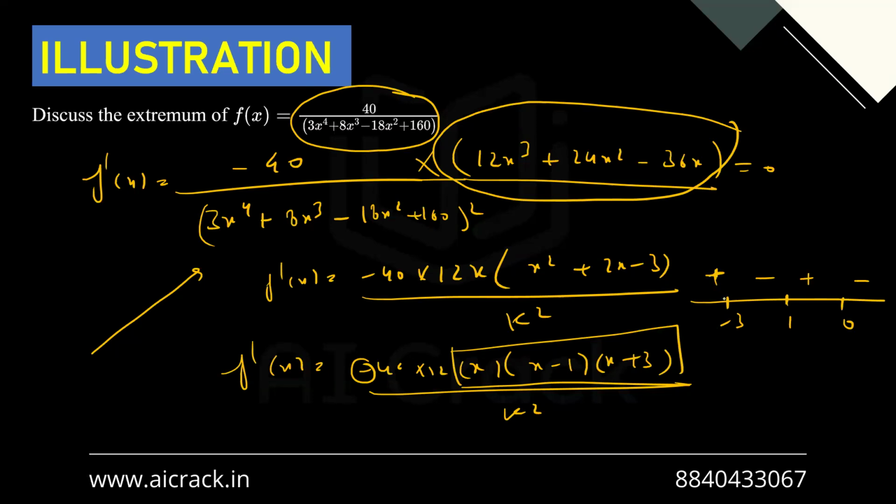So at -3, on the left hand side we have positive slope, on the right hand side we have negative slope. At -1 on the left hand side we have negative slope, and on the right hand side we have positive slope. At 0 on the left hand side we have positive slope, and on the right hand side we have negative slope. So based on that you can find out if we have a local minima or local maxima, right? Simple.